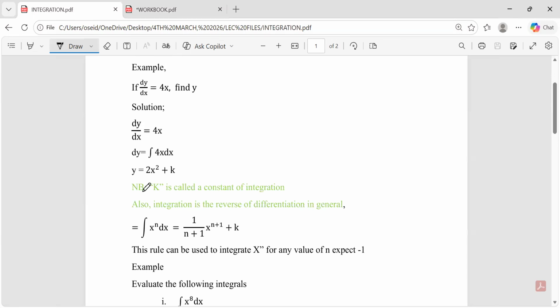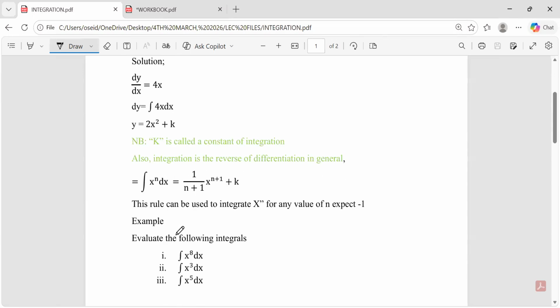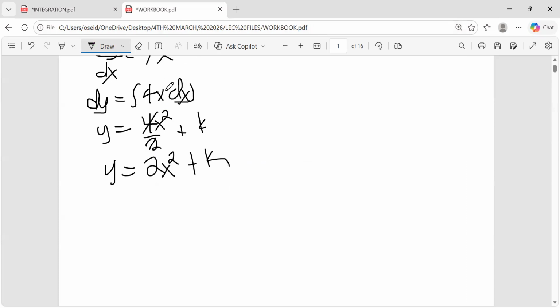So you see the rule is, you add 1 to the power, then divide by the entire new power. The power here was 1, and we added 1 to it, making it 2.